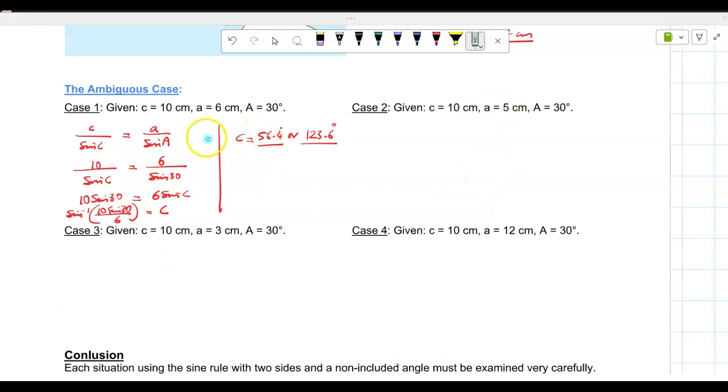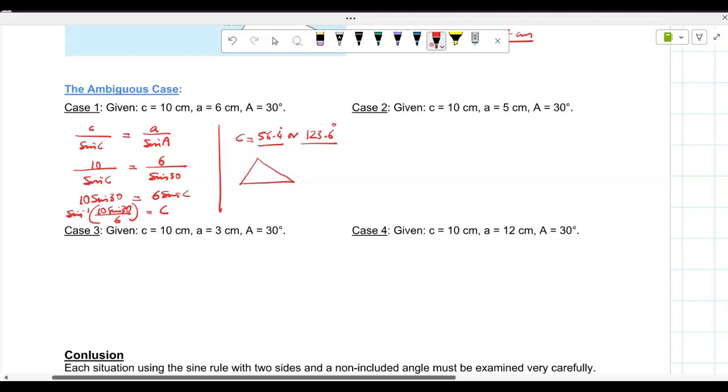So if you want to find your angle B, you have to consider two cases, case 1 and case 2. In case 1 you take your C as this and find it out. So there will be two triangles, one obtuse and one acute. So basically in the ambiguous case, your 56.4, these are both acute angles.